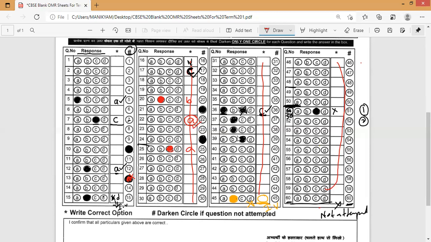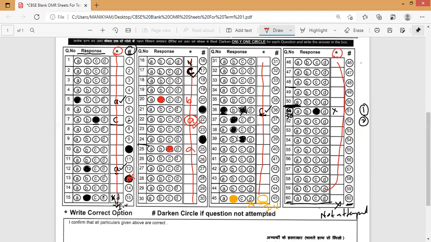What you write in this star column is the only final one for the correction and evaluation. So be very careful about the response you give in this star column.